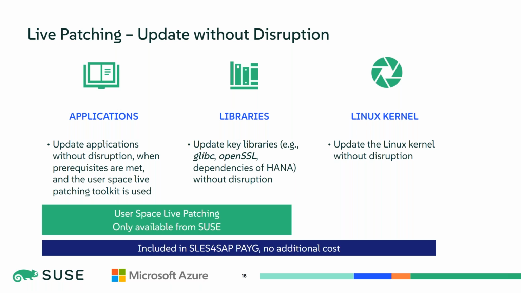Without those live patches, whenever you patch glibc and OpenSSL, you need to reboot the HANA database, and that's a major disruption. So with live patching, you can now avoid reboots for up to 12 months.